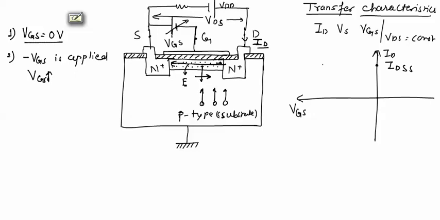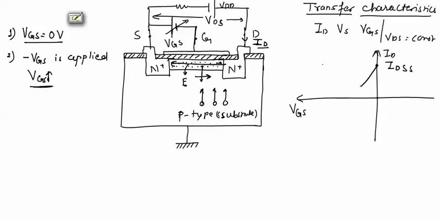Due to the recombination, the electron concentration in the channel will be decreased. So due to negative VGS, holes will be attracted in the channel, and due to recombination of electrons with holes, the net charge carrier concentration, that is electron concentration in the channel, will decrease, and hence drain current ID will decrease.